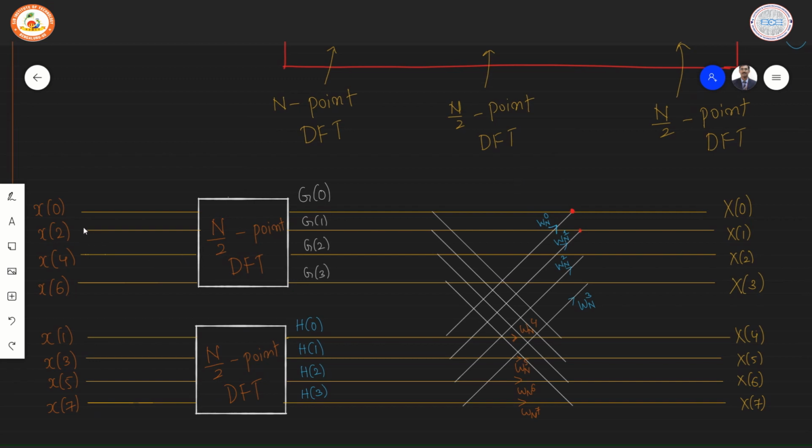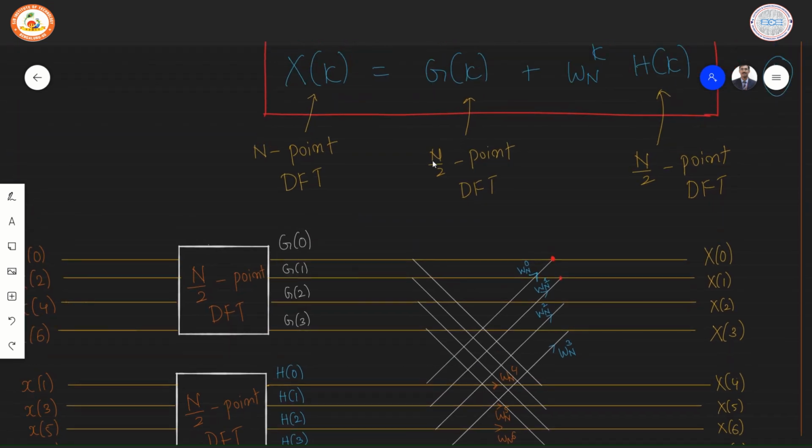The arrangement shows that we have grouped the input into two categories. One is even numbered points, one is odd numbered points. The even numbered points are fed to a block which is an n by 2 point DFT. The result of this is called G of k. So G of k represents an n by 2 point DFT of the even numbered inputs.